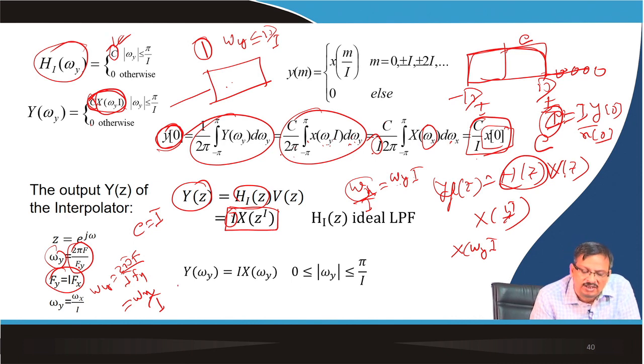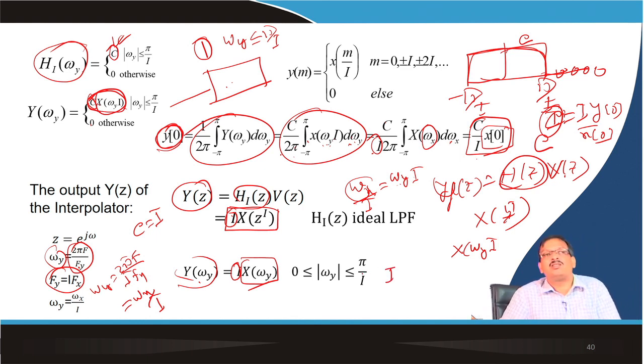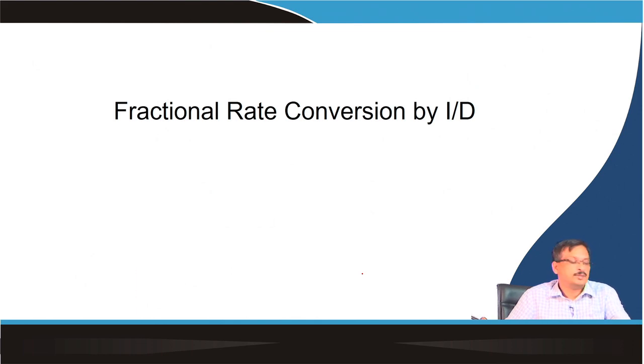Or I can say the frequency response Y(omega) is equal to I into X(omega). So I is the interpolation gain. Is it clear? I is called interpolation gain.